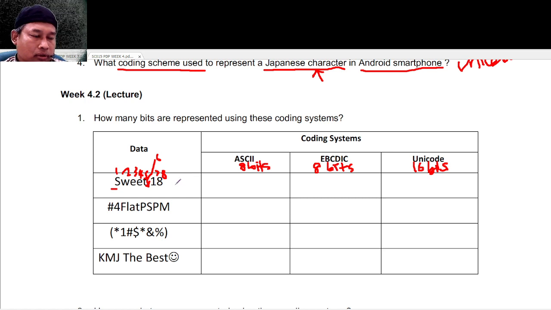So we counted Sweet 18 as 8 characters. So 8 times 8 equals how many? 8 times 8 equals 64.